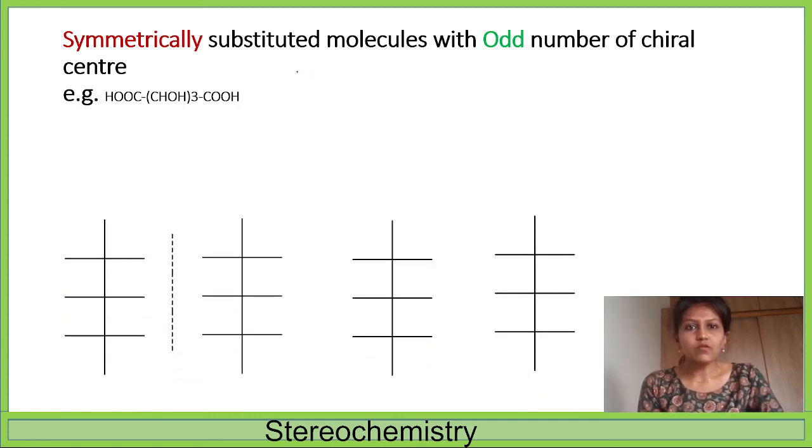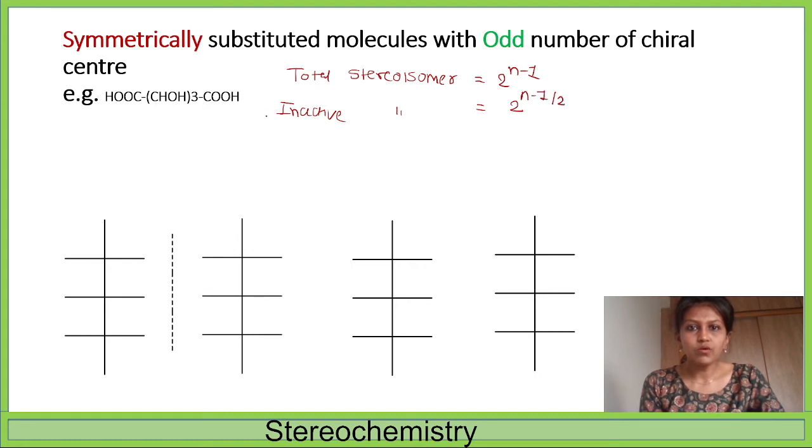First of all we will calculate the optically inactive stereoisomers. Total stereoisomers is equal to 2 raised to n minus 1, optically inactive stereoisomers is 2 raised to (n minus 1)/2 divided by 2, and optically active stereoisomers is total stereoisomers minus optically inactive stereoisomers.